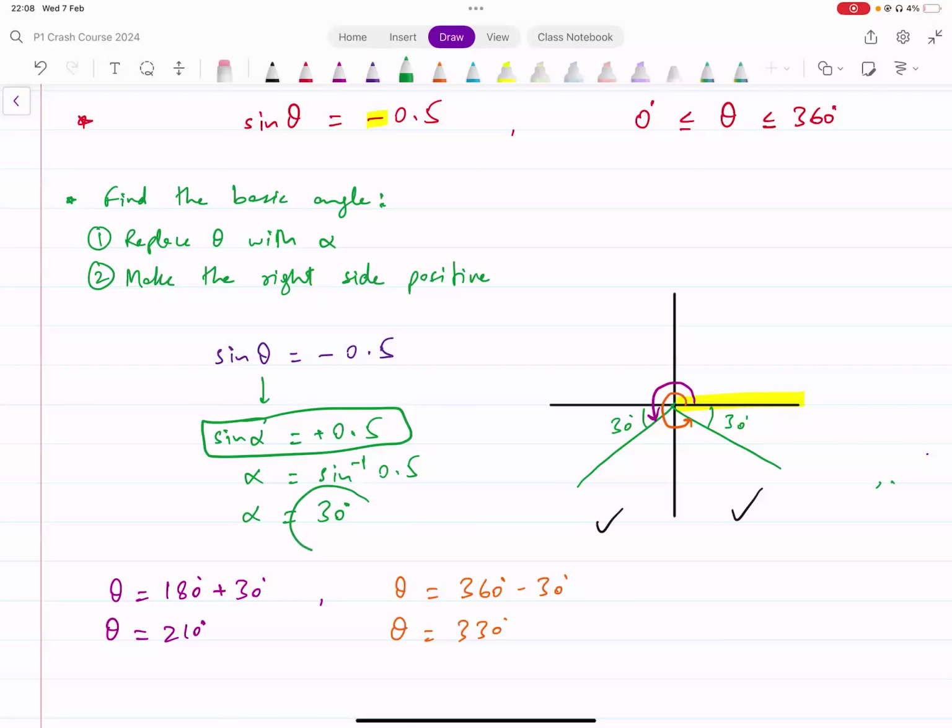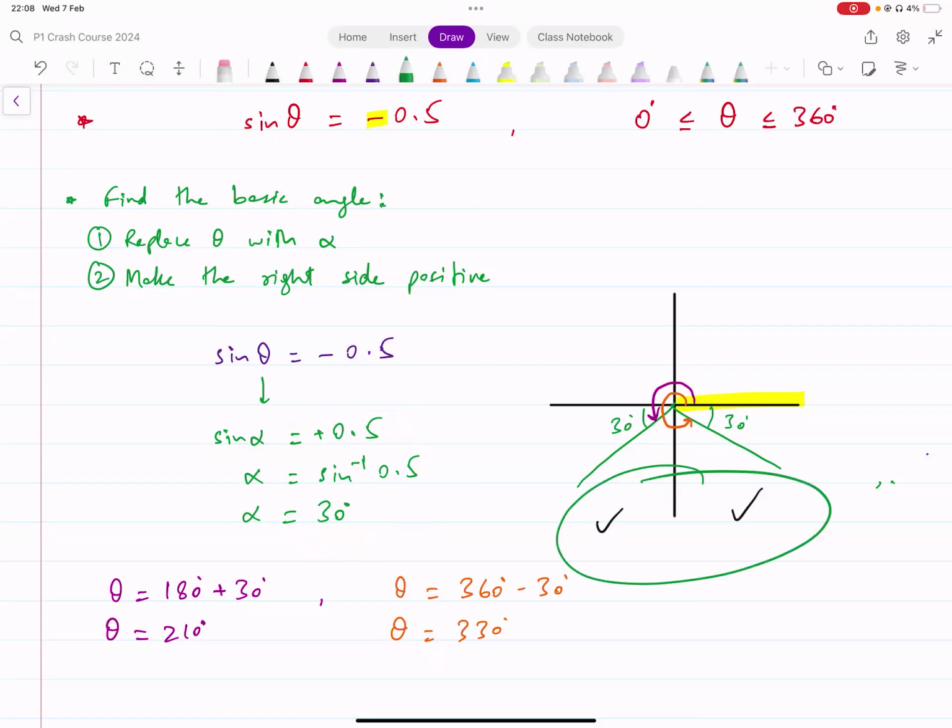So this is the value that we're getting for alpha. Alpha, yes, you could say, is going to be in the first quadrant because it's positive. However, eventually, what we need is the value of theta, and that's going to be in the third and fourth quadrants, because sine of theta was negative.